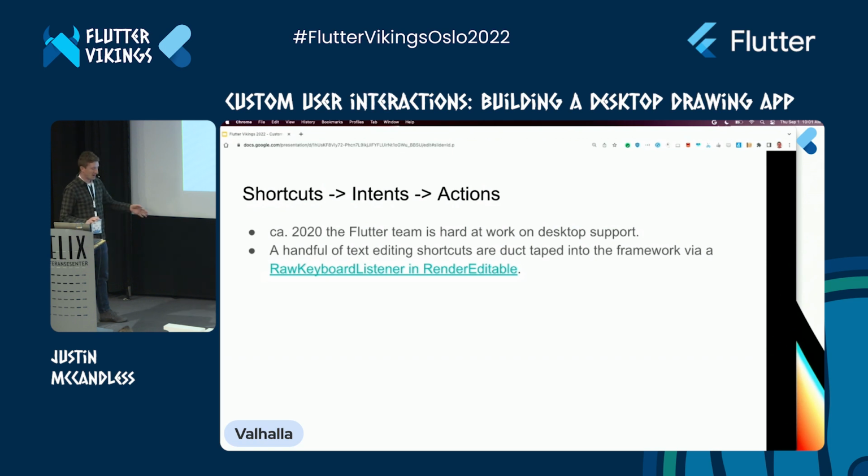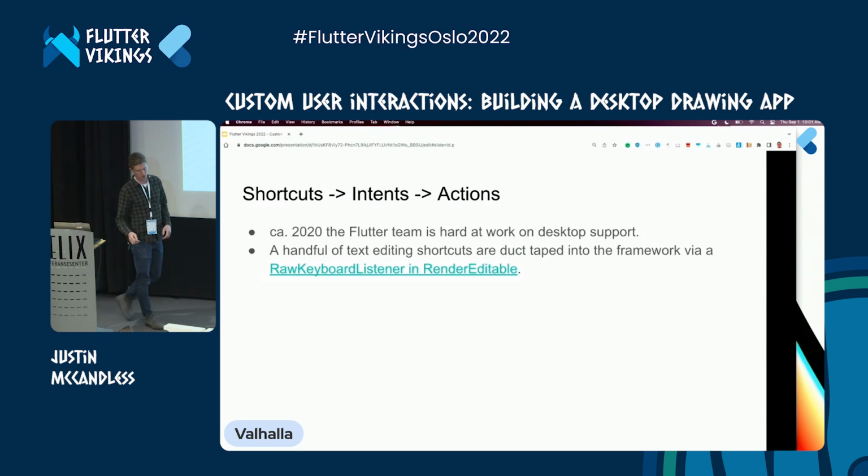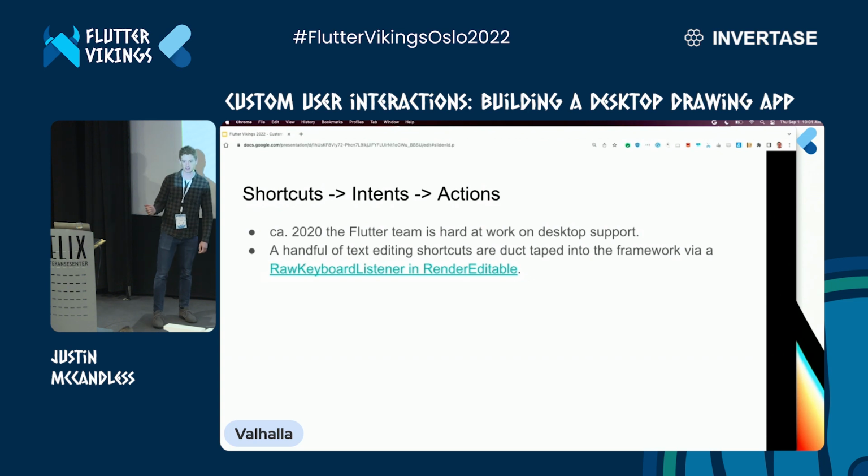At the time, we had a few keyboard shortcuts like the arrow keys that were just strapped into a class called RenderEditable, which, if you're not familiar, has to do with rendering editable text and does not have to do with handling user shortcuts and keyboard. But at the time, we just had a raw keyboard listener in there doing that.